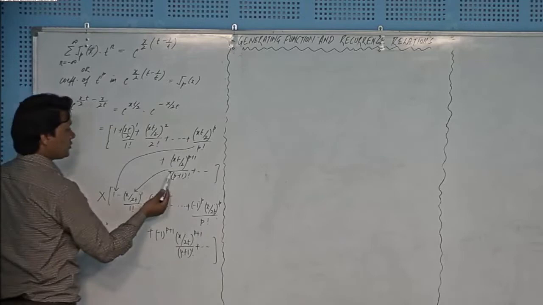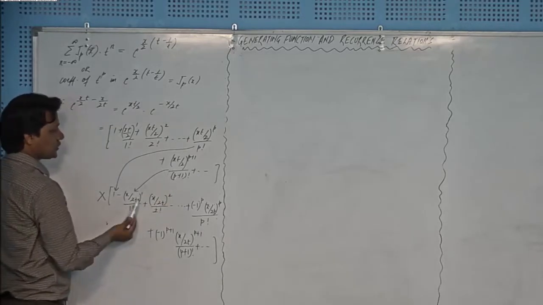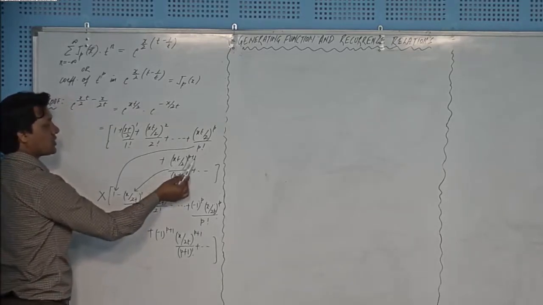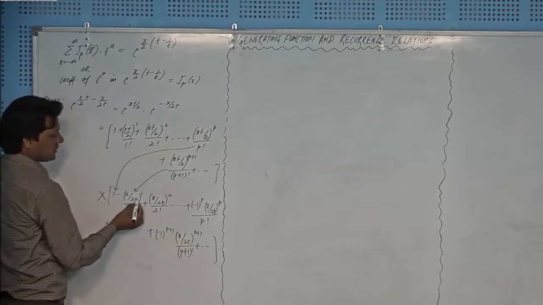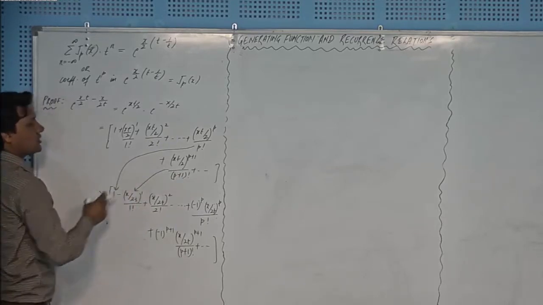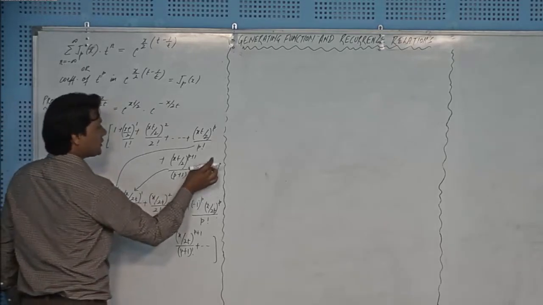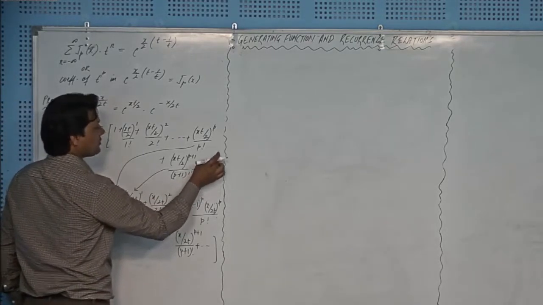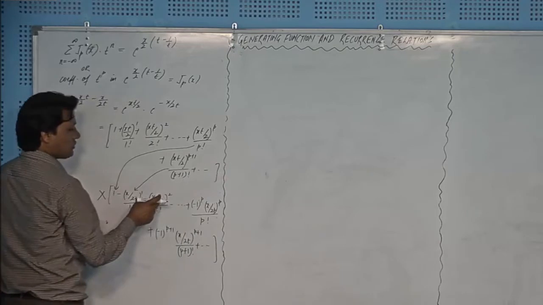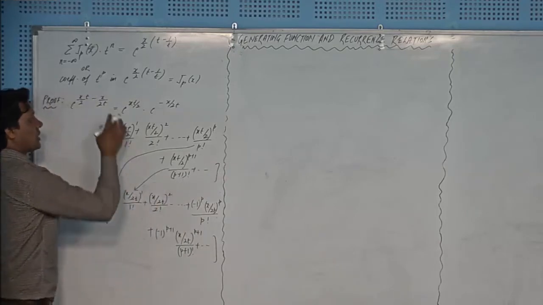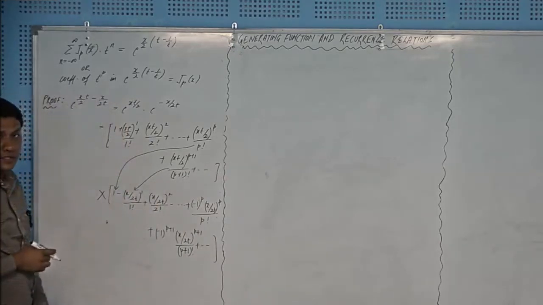And if you multiply these two terms, you will get t to the power p, because here you have t to the power p plus 1, and this is t in the denominator, so ultimately that will be t to the power p. And similarly for the next term that will contain (xt/2) to the power p plus 2, that should be multiplied with this term to get the required power of t, right?